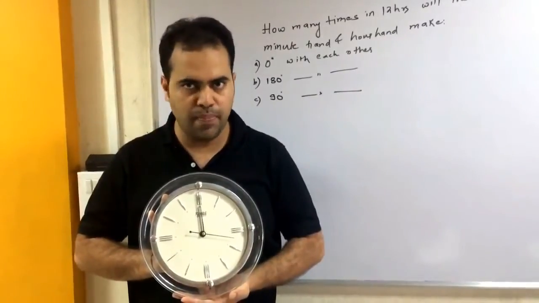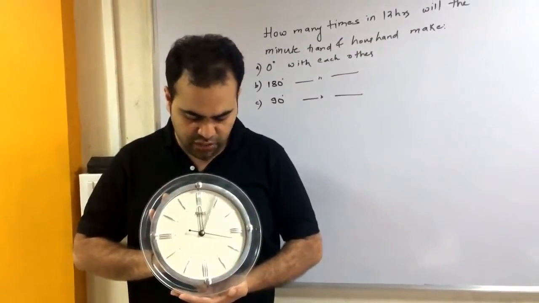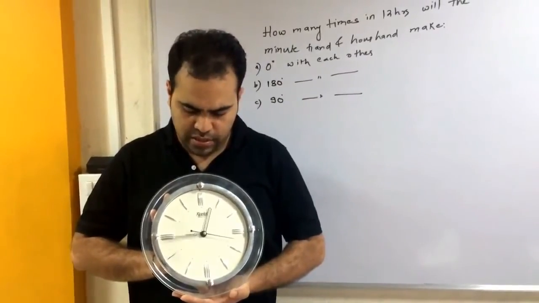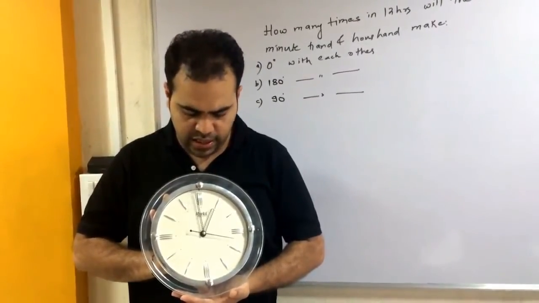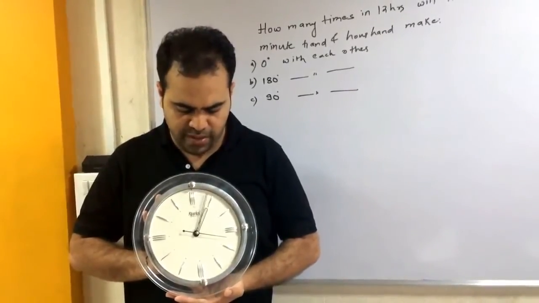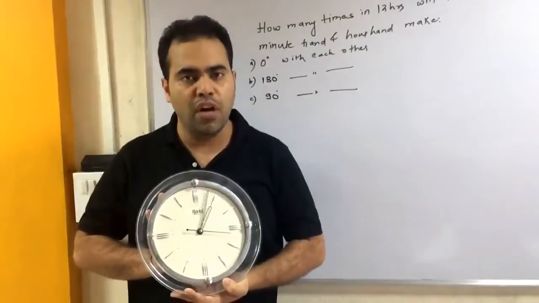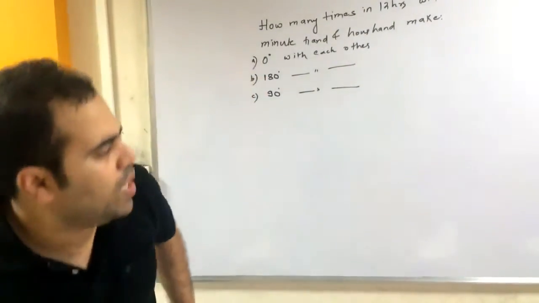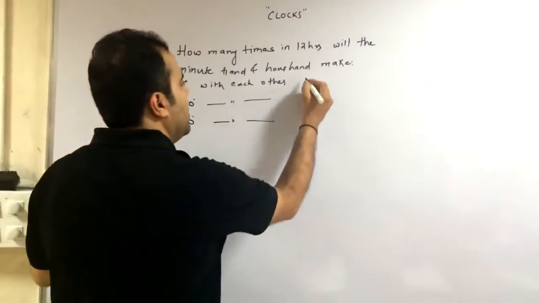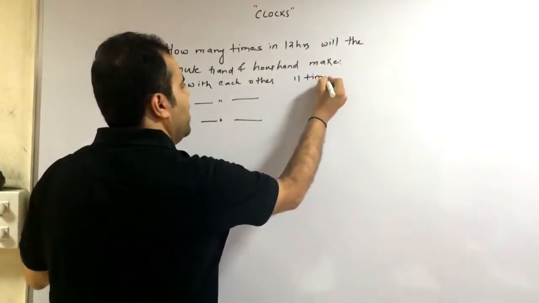We also see what happens between 12 and 1. Between 12 and 1 also we don't see any coincidence of minute hand and hour hand. And next 0 degree will be obviously again at 1:05. So what we are seeing here is between 12 hours the angle of 0 degree will be made for 11 times.